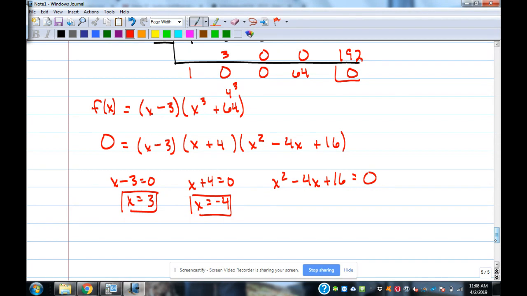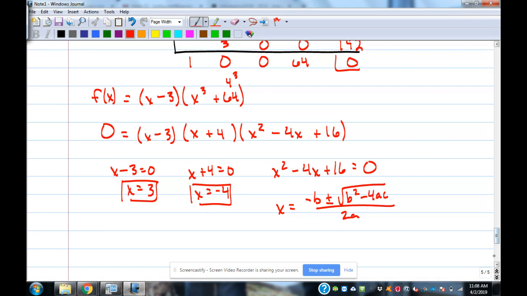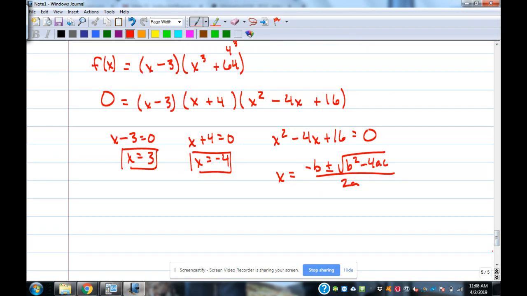X equals negative b plus or minus radical b squared minus 4ac divided by 2a. You might want to know that. So that quadratic there, we're going to solve by quadratic formula. So b squared minus 4ac, negative 4 squared minus 4 times 1 times 16.